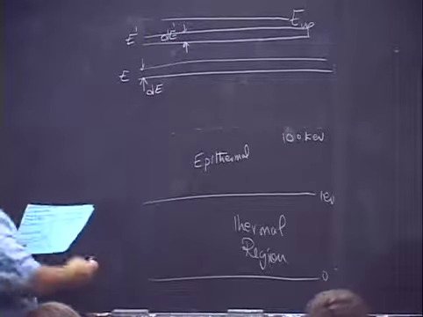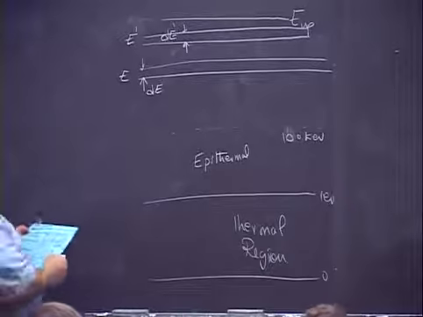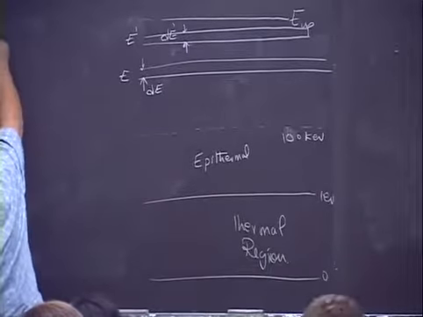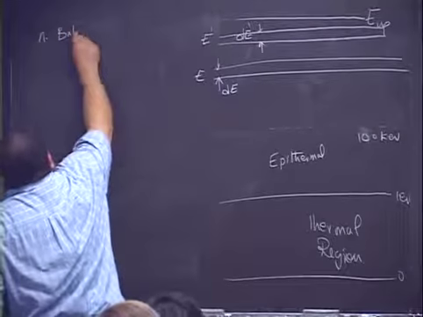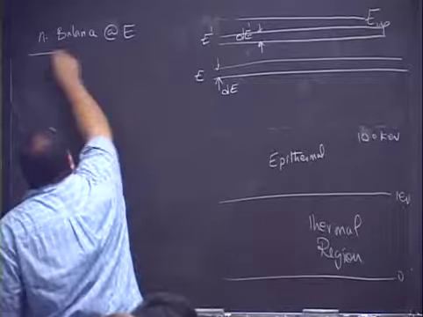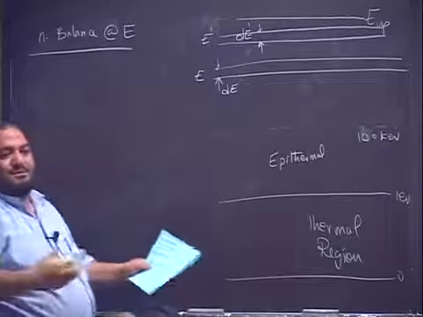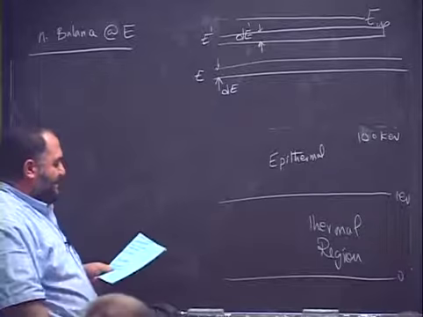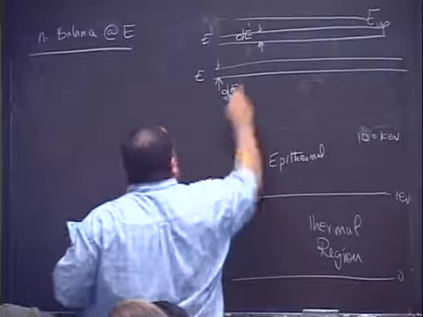So we want to do a neutron balance at energy E, just to balance the neutrons at this energy. So how to balance the neutrons at delta E?